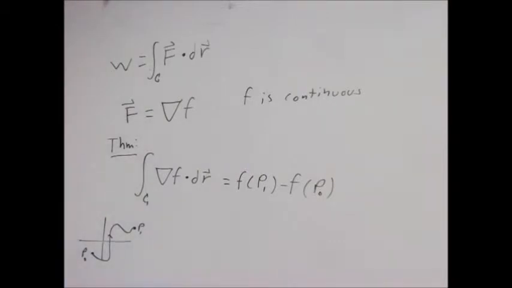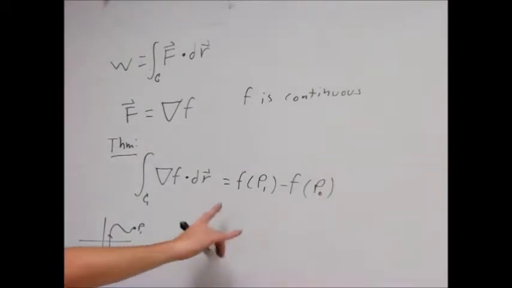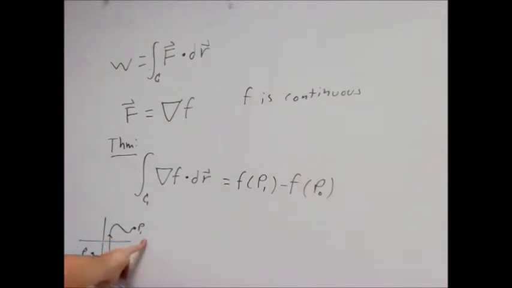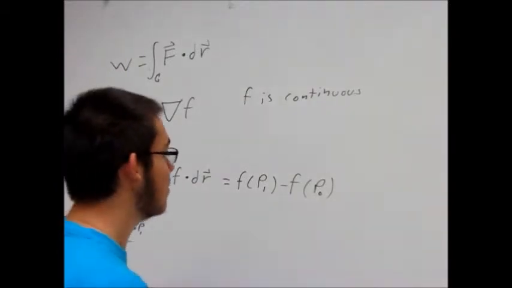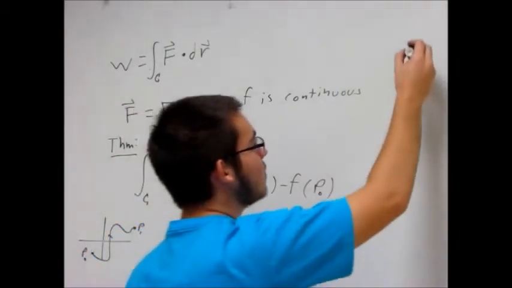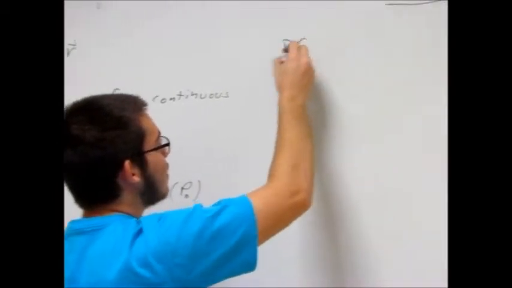Or in other words, that it only depends on the endpoints P1 and P naught, and it doesn't matter what path you take to go there. So let's see why this is true. Show a little proof here.